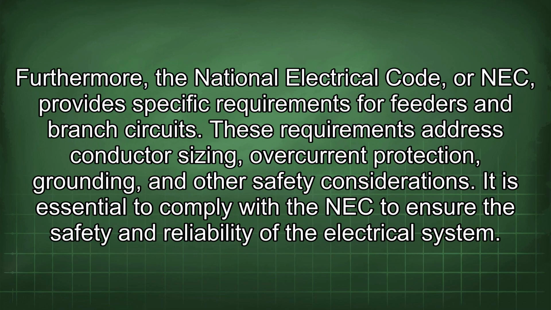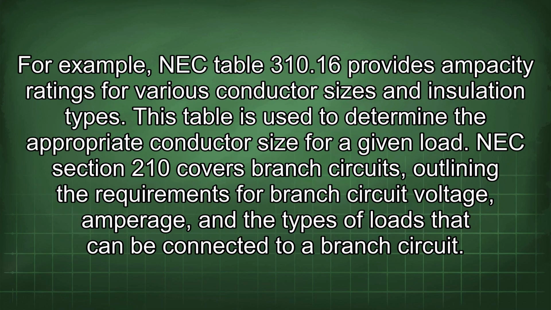Furthermore, the National Electrical Code, or NEC, provides specific requirements for feeders and branch circuits. These requirements address conductor sizing, overcurrent protection, grounding, and other safety considerations. It is essential to comply with the NEC to ensure the safety and reliability of the electrical system. For example, NEC Table 310.16 provides ampacity ratings for various conductor sizes and insulation types.